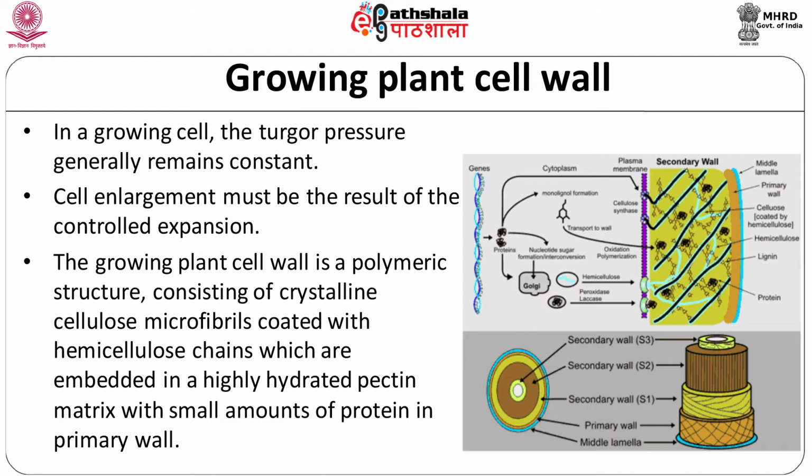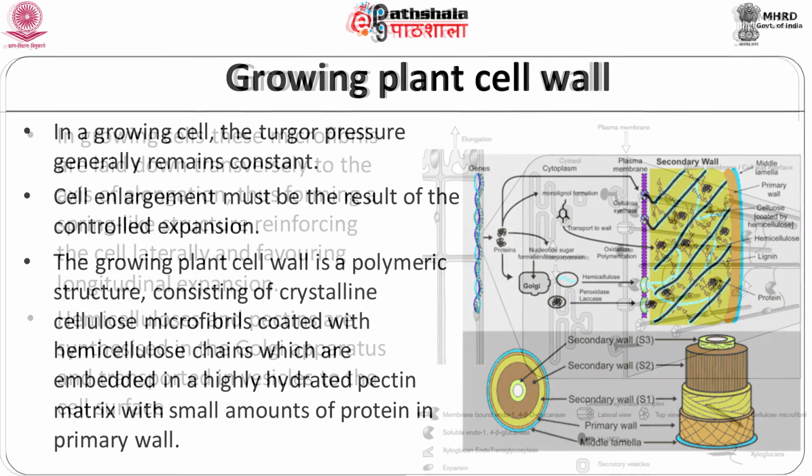Cell expansion as well as cell enlargement must be the result of controlled expansion of the cell wall. The growing plant cell wall is a polymeric structure consisting of crystalline cellulosic microfibrils coated with hemicellulose chains, which are embedded in a highly hydrated pectin matrix with a small amount of proteins.